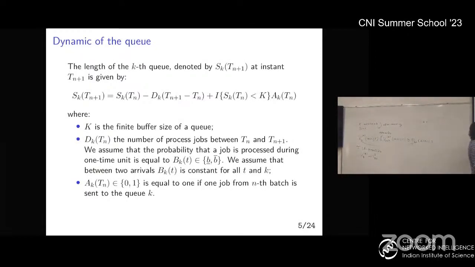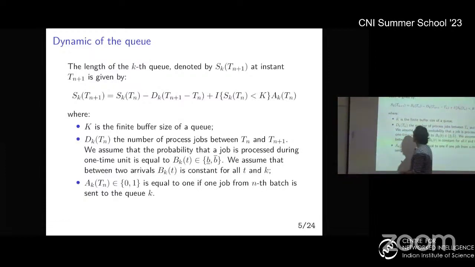The length of the queue at the previous arrival minus all the departures that have happened during this interval. Because it's independent, you can just look at the interval between the two arrivals. Plus the ones that have arrived at time T.